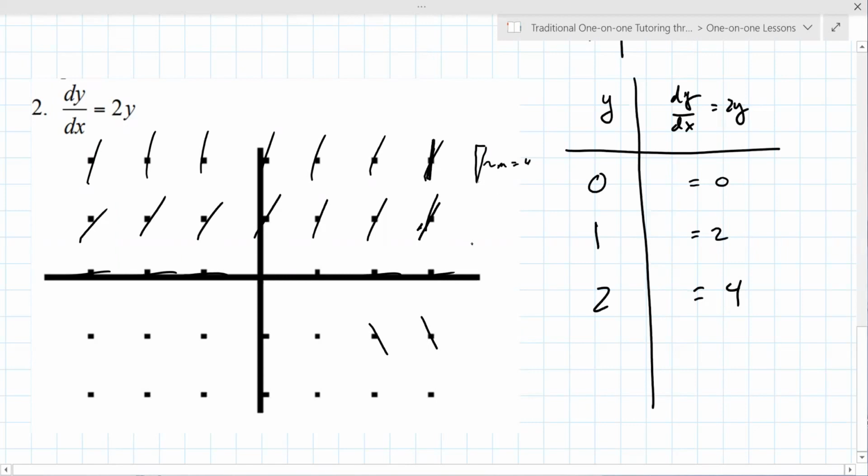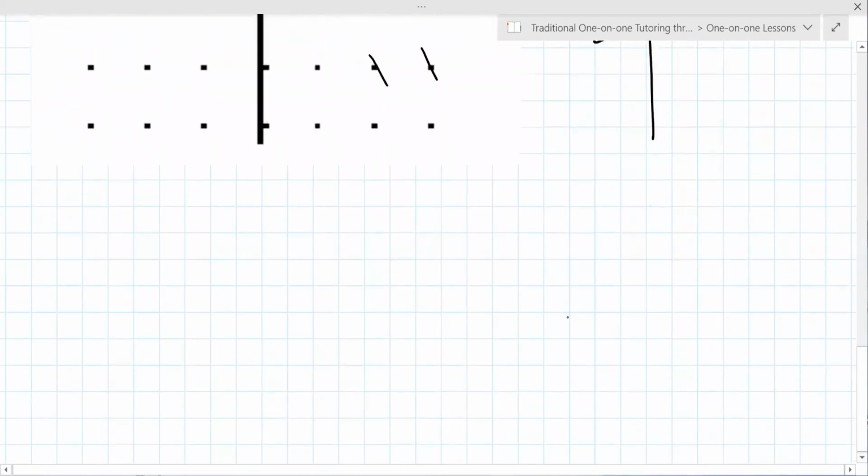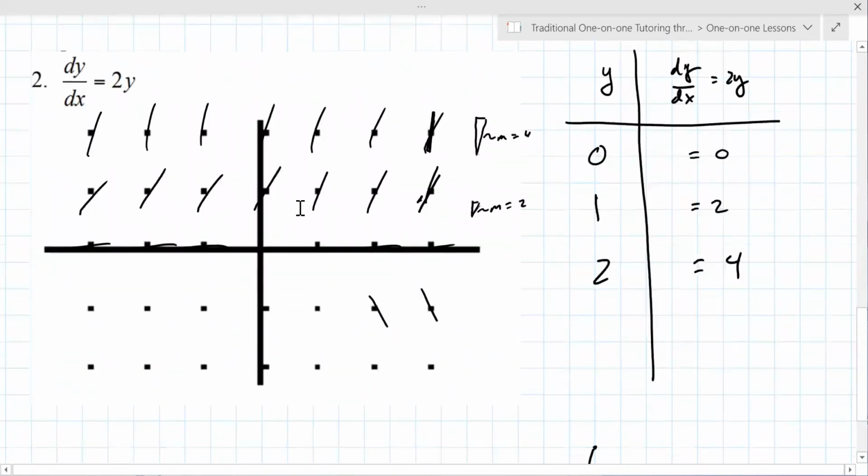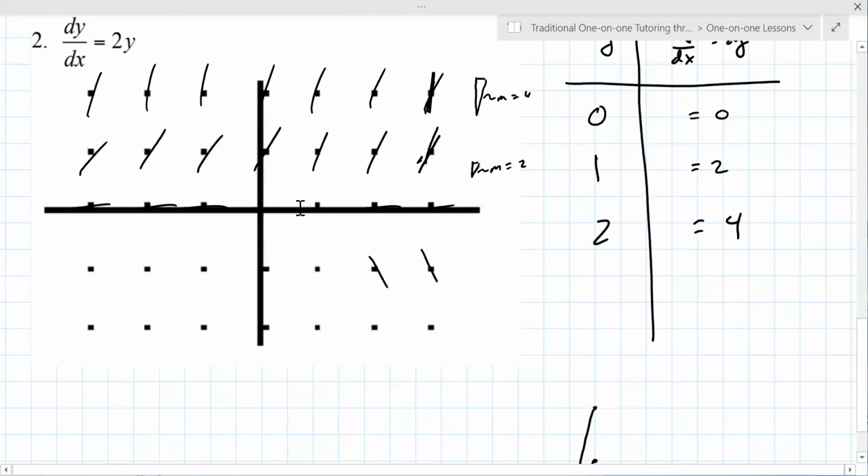Slope of 2, you're just going up 2, right 1. It's the hypotenuse. I know it's really small, but if I use the grid here, I start here: up 2, right 1 looks like that. Up 4, right 1 looks like that. Okay, I see. If you've done any hiking, you get a feel for what's steep and what's steeper, and that's what you're looking for here.